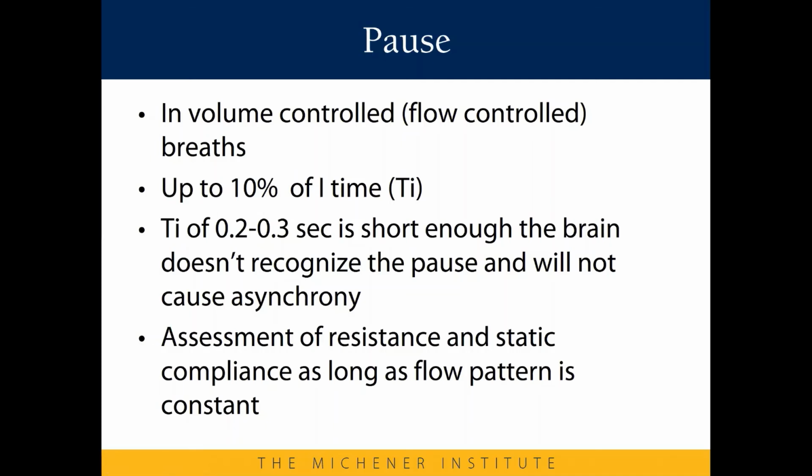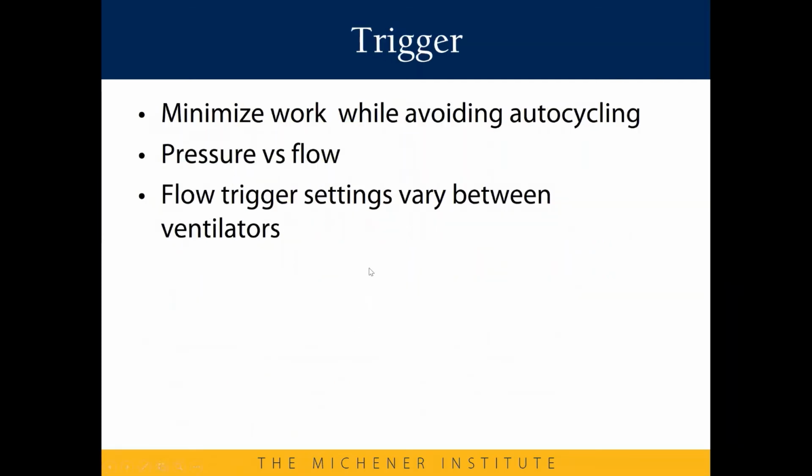And again, just to finish up our final slide, triggering is going to help minimize the work of the patient while avoiding auto-cycling. It is possible to set our trigger too sensitive, so that someone touching the circuit or water in the circuit could be detected as a patient effort. So you really do need to watch your patient and watch the ventilator as you're setting your trigger.